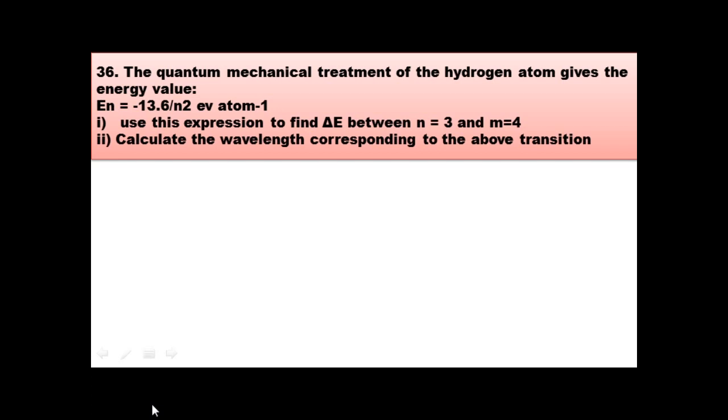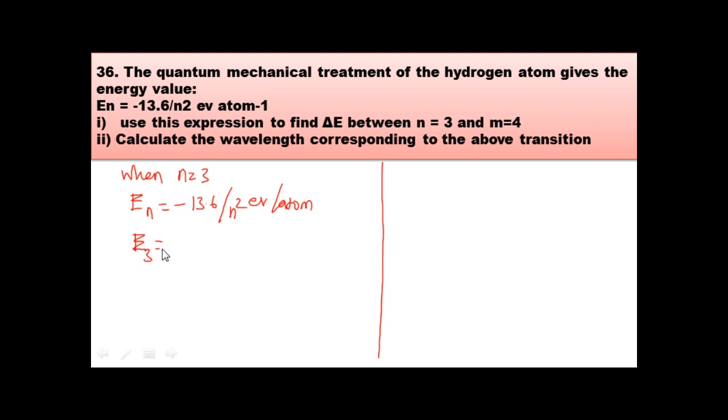So first we have to calculate for n equal to 3. So what is the formula? En equal to minus 13.6 divided by n squared electron volt per atom. So what is the E3 value? E3 equal to minus 13.6 divided by 3 squared electron volt per atom.